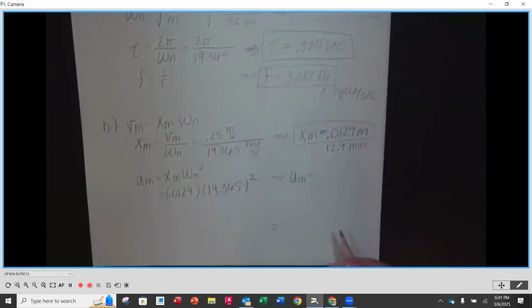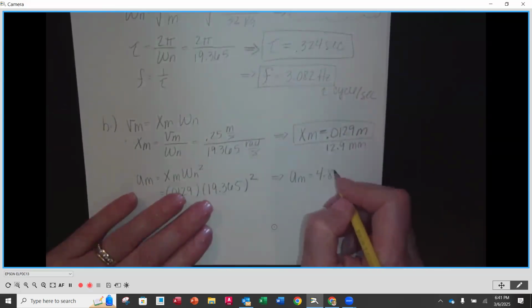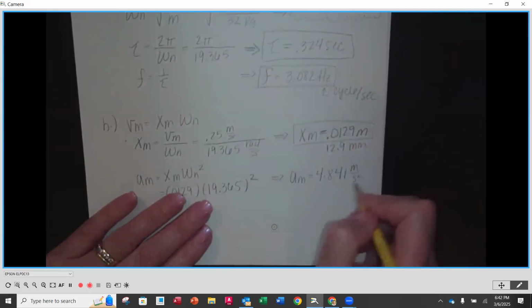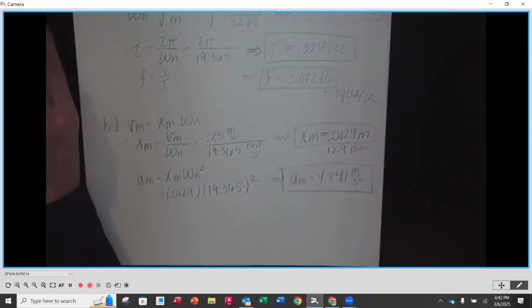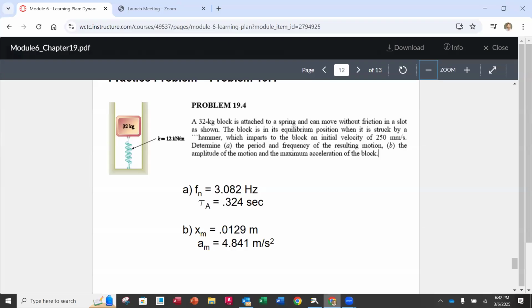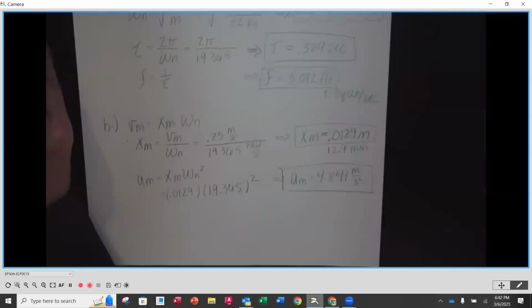Our maximum acceleration is 4.841 meters per second squared. And that's it. If we peek back, those look like good numbers.